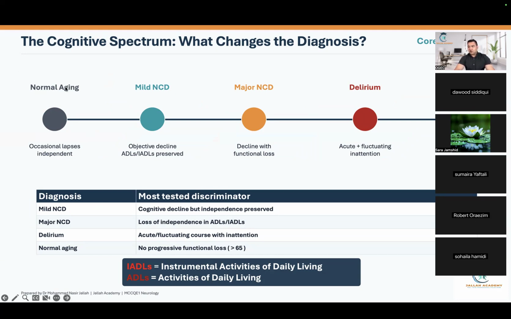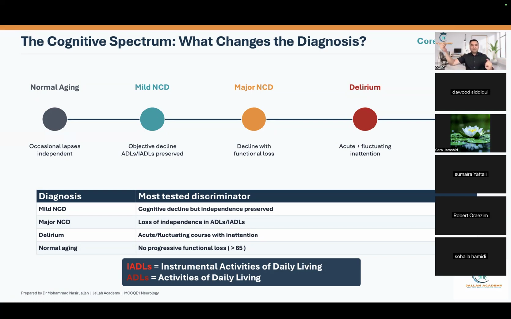One is called normal aging. As we age, like everything else that is declining, the memory is declining as well. So it is a normal progress in our life, a normal decline in functionality of the brain, that sometimes or occasionally we misplace some stuff.